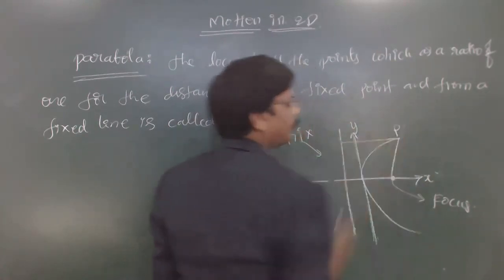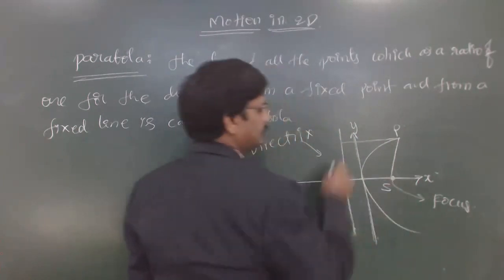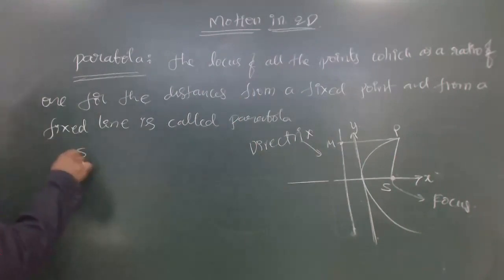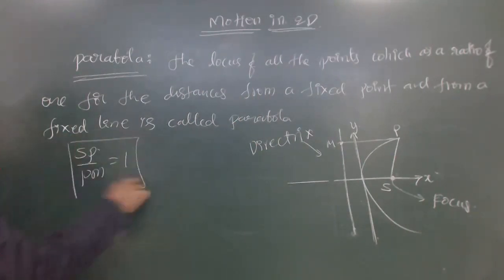So this point is P and this point is S, and this point if I call M, then SP by PM is equal to 1. So this is the condition for the parabola.